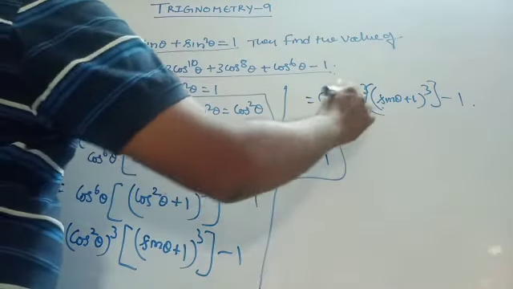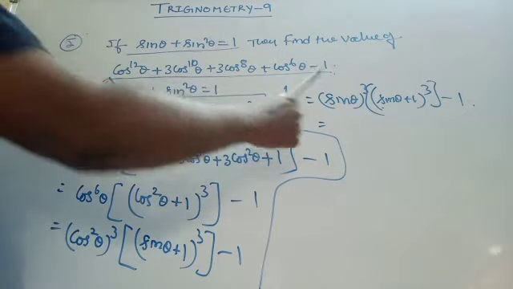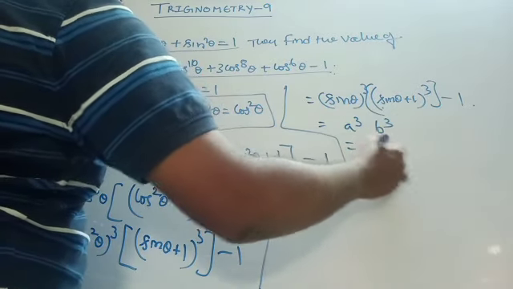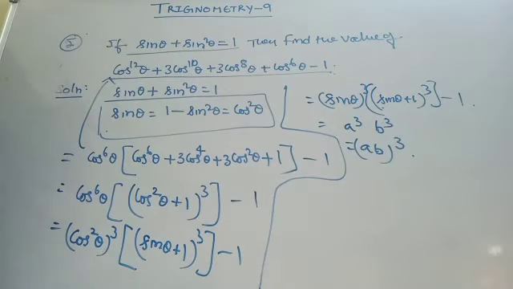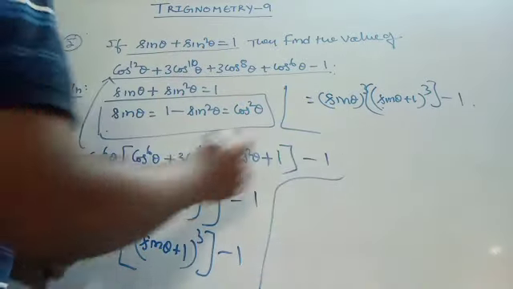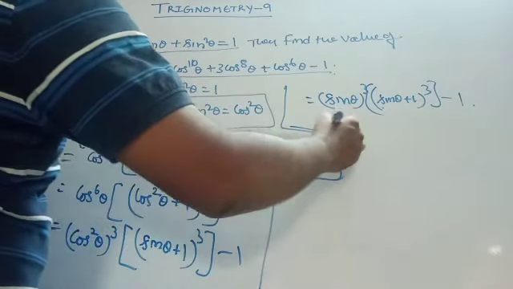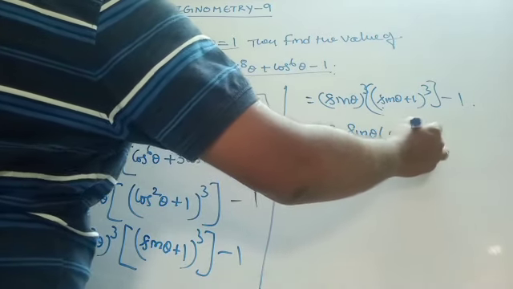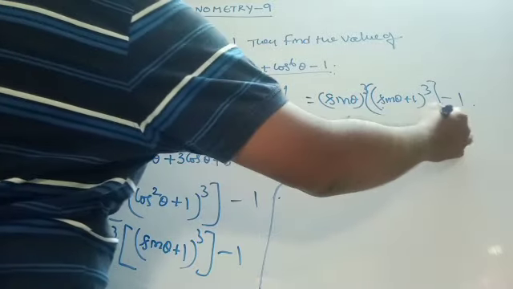Now because these are both cubes, if you have a cube and b cube, you can write it as ab whole cube. Now, my dear students, you can write this as sine theta into sine theta plus 1 whole cube, minus 1.